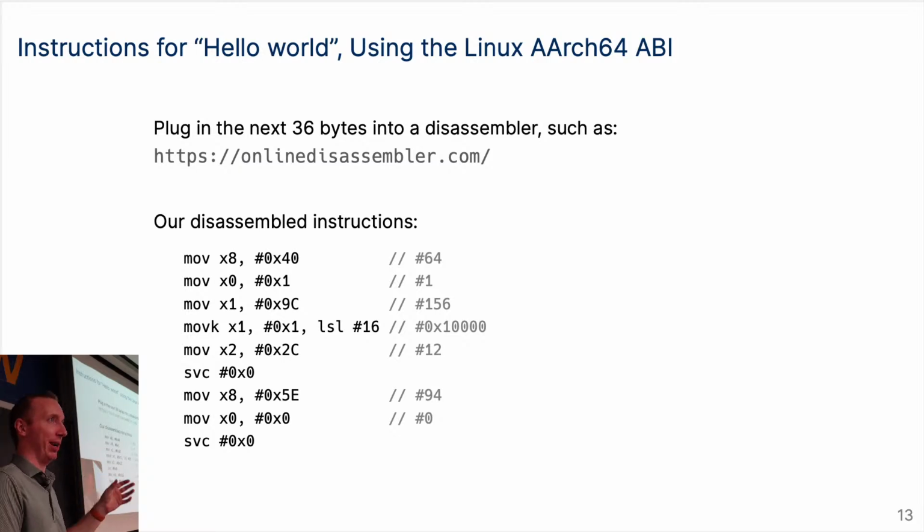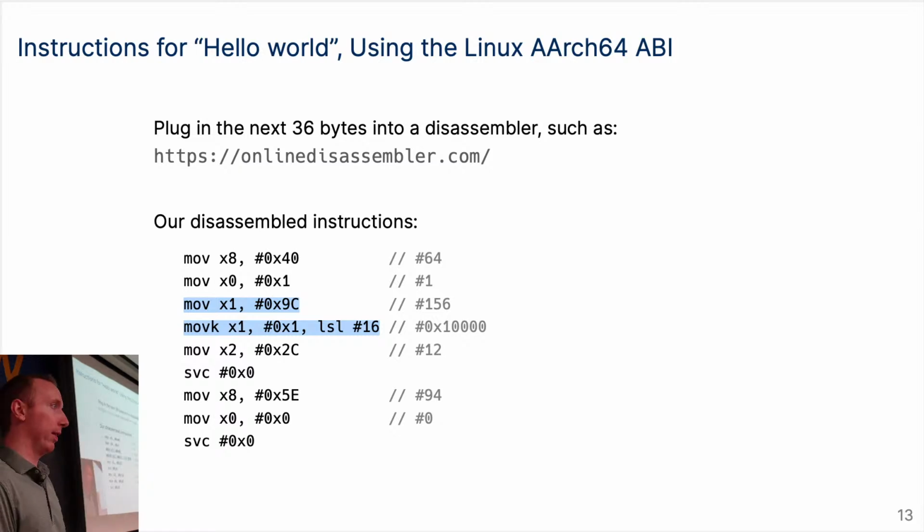Because this is ARM, we have to do a move in 2 steps. The first move instruction will zero out all the other bits and put in 0000009C, and then movk will not touch any bits except for what it's setting. So between these two instructions, it will set X1 to 10,009C, which is the location of our string that we saw before.